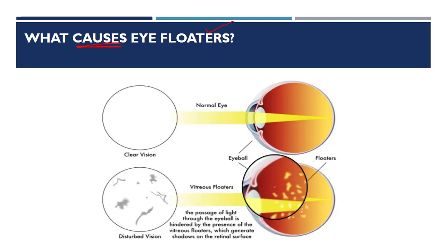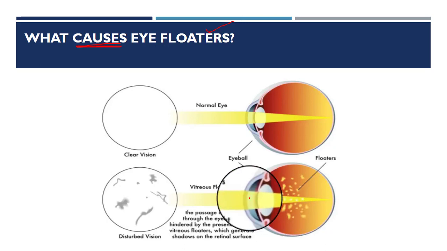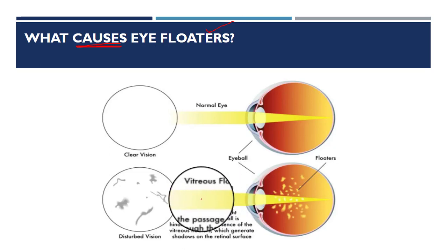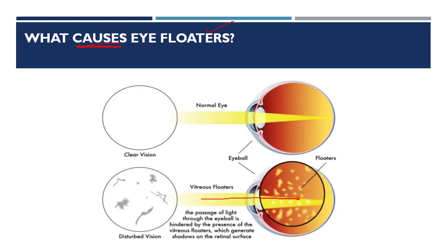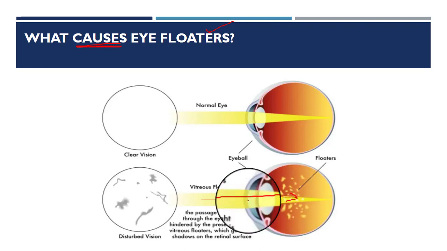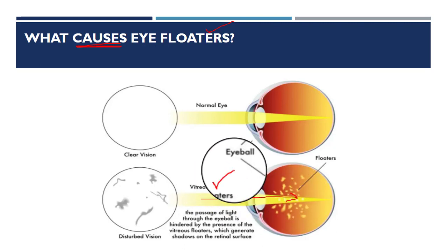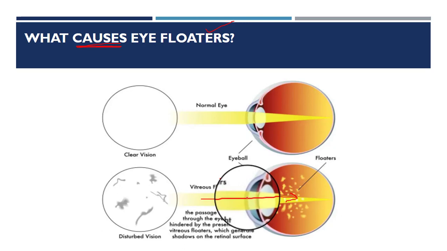The cornea and the lens at the front of your eye focus light onto the retina at the back of the eye, as you all know very well. As the light passes from the front of your eye to the back, it passes through the vitreous humor, a jelly-like substance inside your eye.